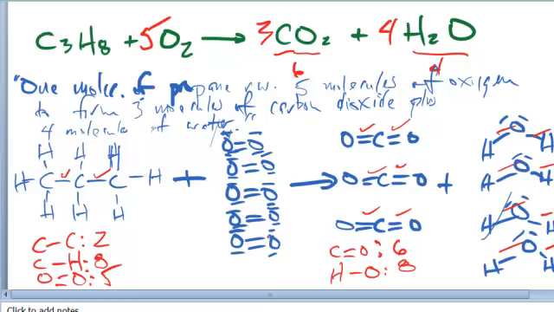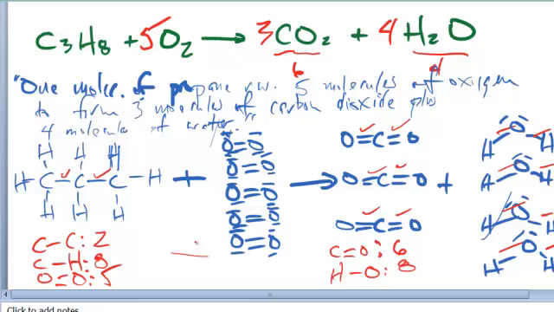To summarize, when you react one molecule of propane, what's going to happen in a combustion reaction is you're going to break 2 carbon-carbon single bonds. You're going to have to break 8 carbon-hydrogen single bonds and 5 oxygen-oxygen double bonds. So that's the carnage that's going to occur during this reaction.